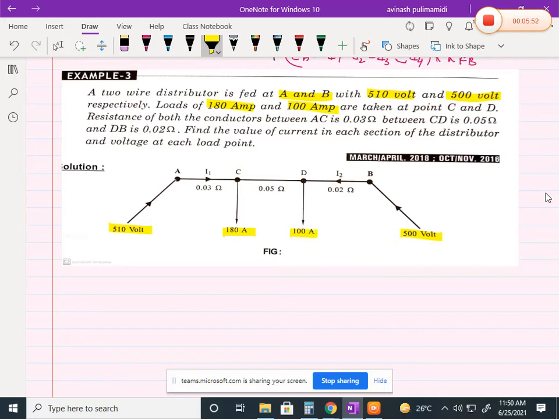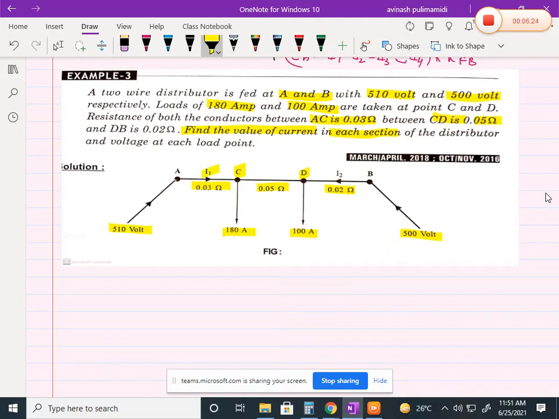Two tappings. 180 and 100 amperes are taken at points C and D. The resistance of both conductors between AC is 0.03, between CD is 0.05, and between DB is 0.02. Find the value of the current in each section.